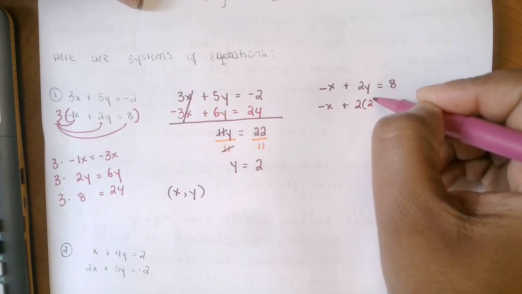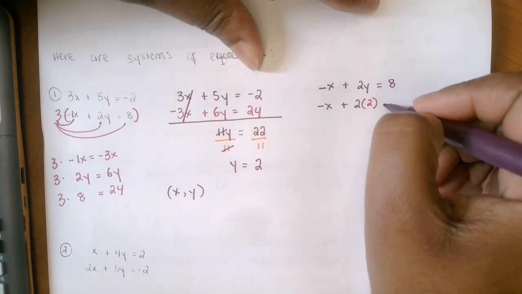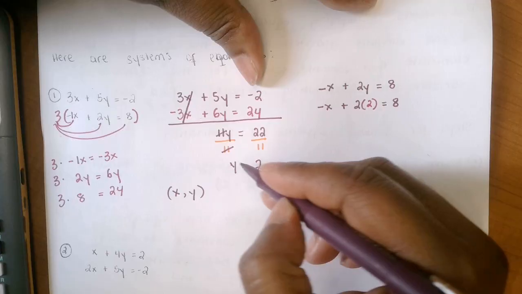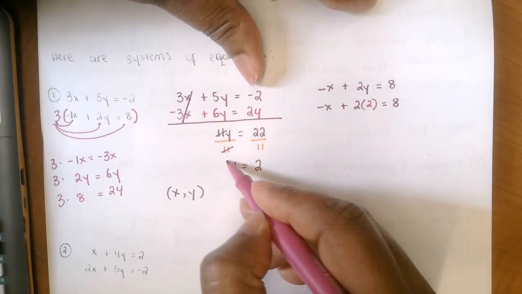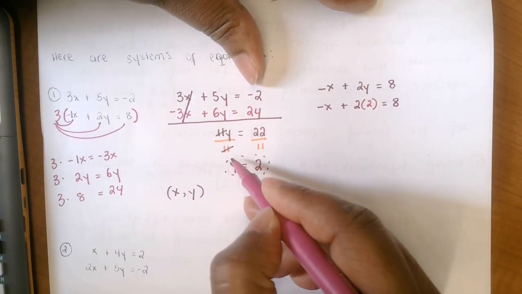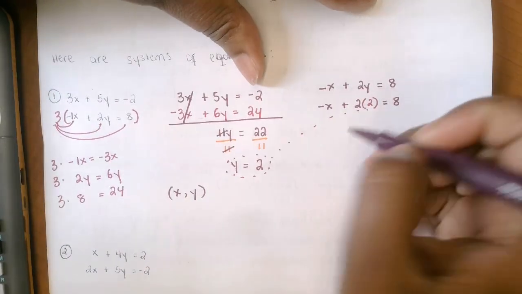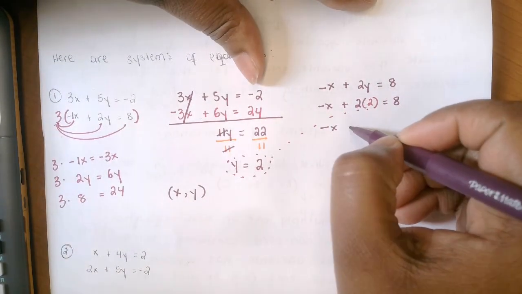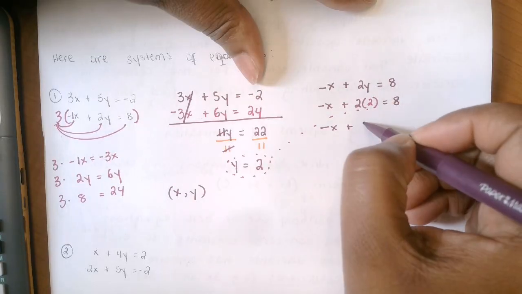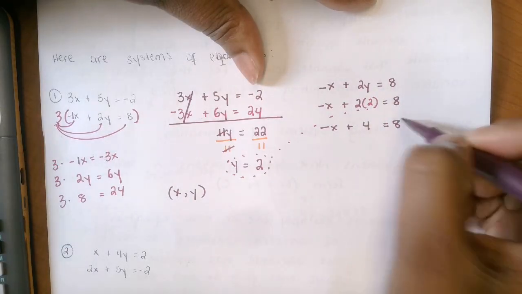So we know the value of y is 2, think of it as copying, you're pasting it here. We say negative x plus 2 times 2 is 4, or 8.